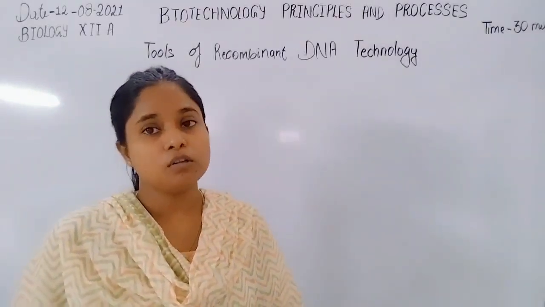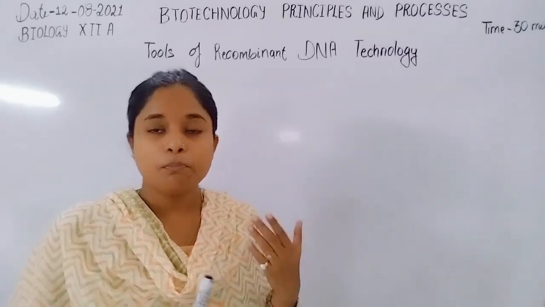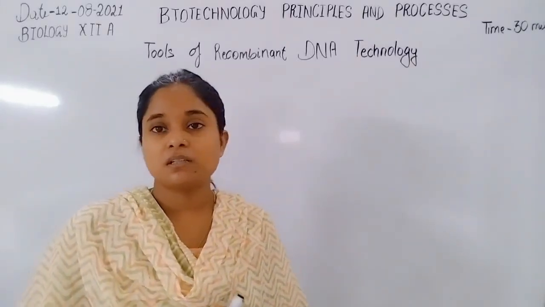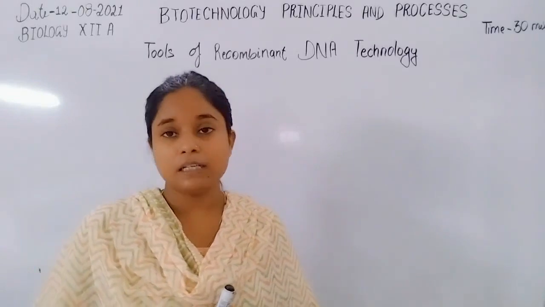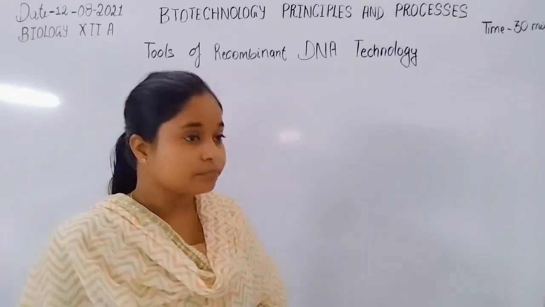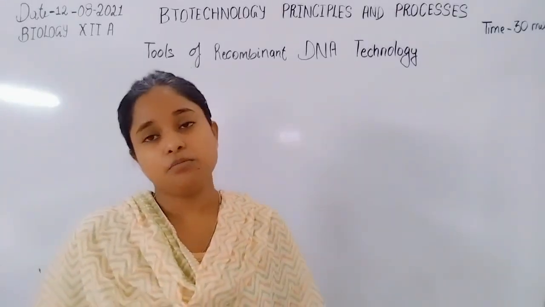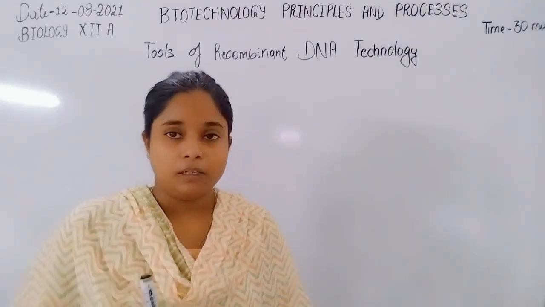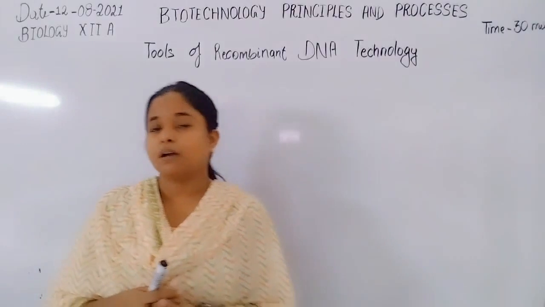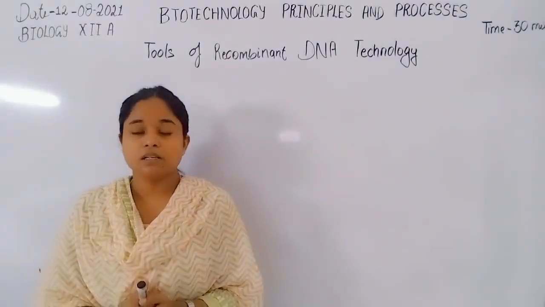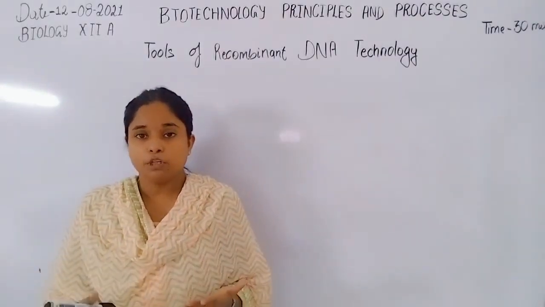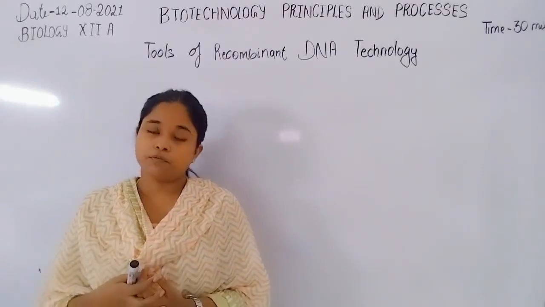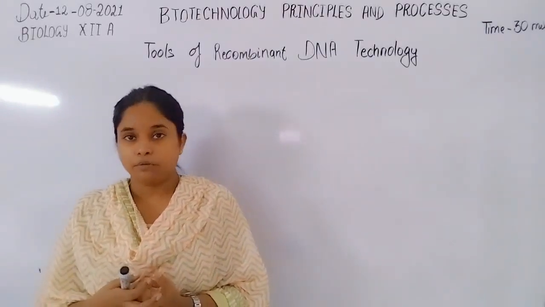Some other important products are vitamin A synthesized by golden rice, and human insulin synthesized by the bacteria E. coli. Now, how can they synthesize these different products that are useful for humans through biotechnology?